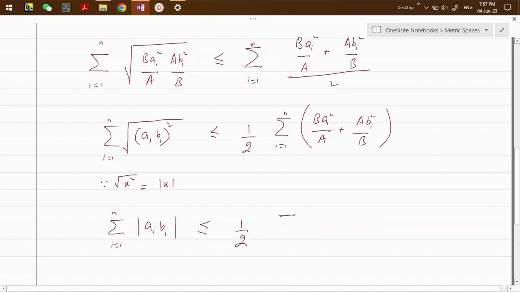The summation is separated among these two terms, this one and this one. So we have summation i from 1 to n of b ai square over a plus summation i from 1 to n of a bi square over b.